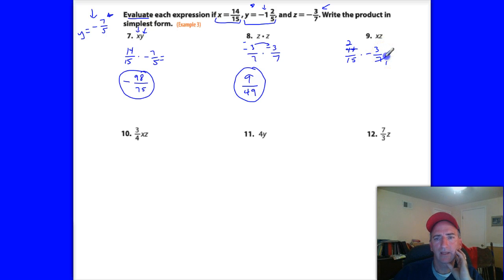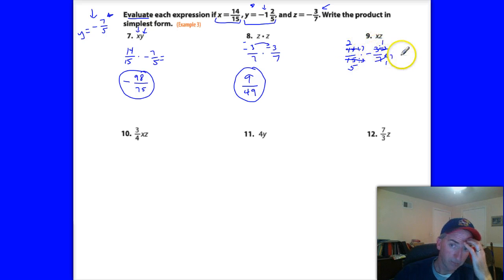I kind of skipped a step: I divided by 7 there, and 14 divided by 7 gets the 2. 3 will go into 3 and into 15. 15 divided by 3 is 5, and 3 divided by 3 is 1.